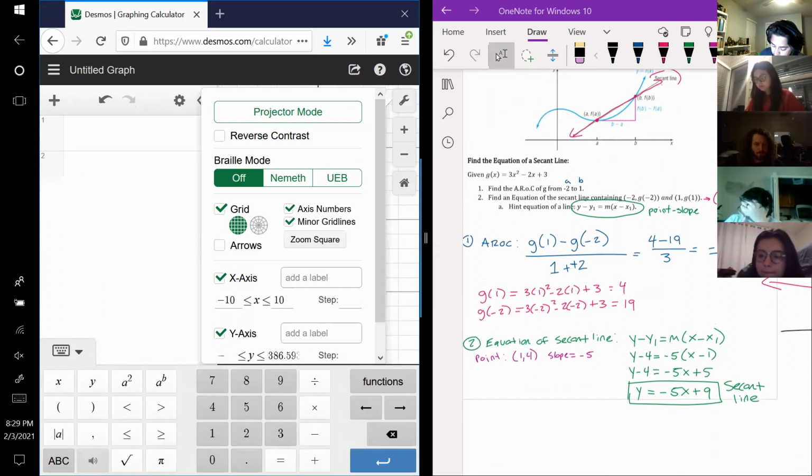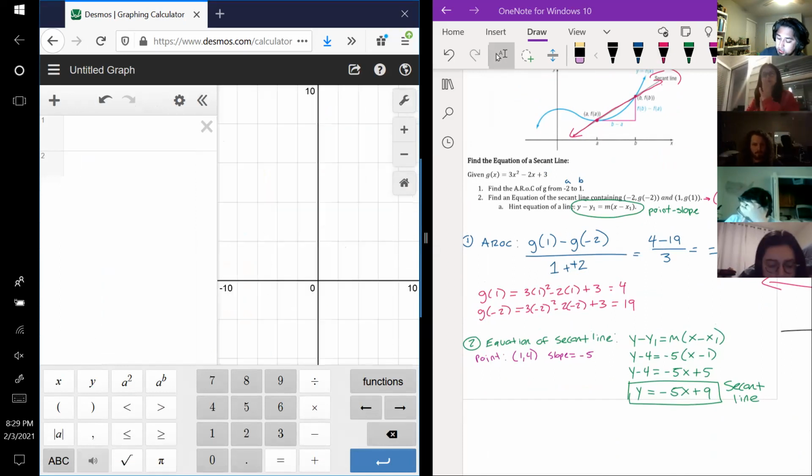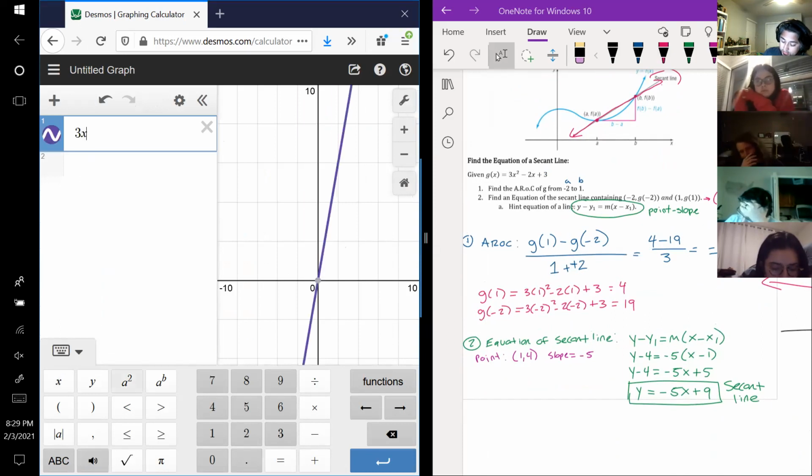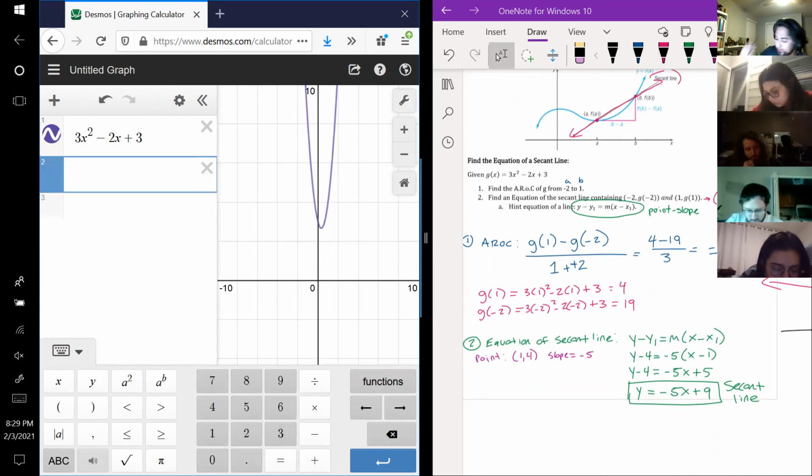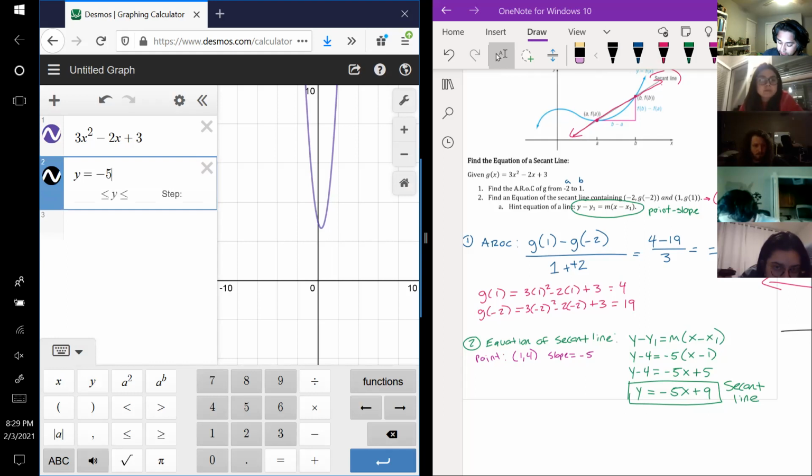And how about negative 10 to 10? Still might have to change that. And I'll type in both functions. 3x squared minus 2x plus 3. There's the quadratic function they gave us. And now here is the secant line that we found: negative 5x plus 9.